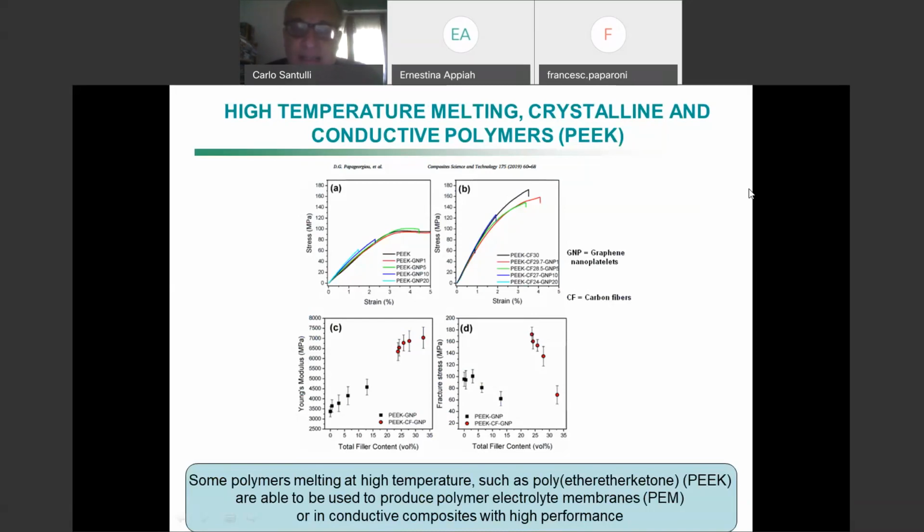This is a very recent research, and this is the field in which people work right now. So there is also advanced research on polymers. They are not just commodity.